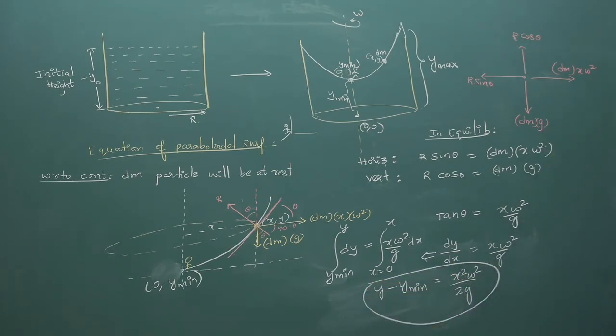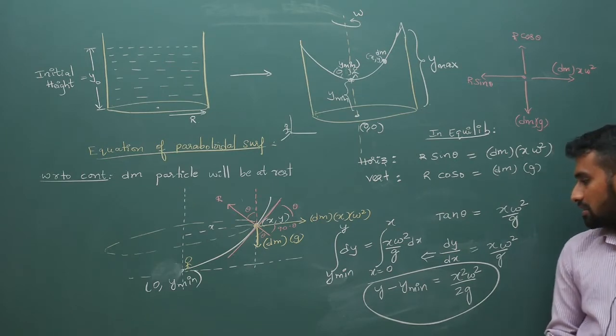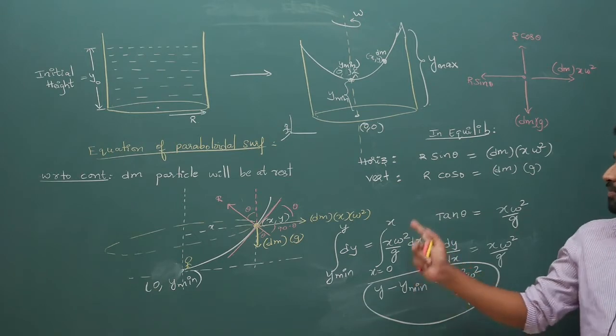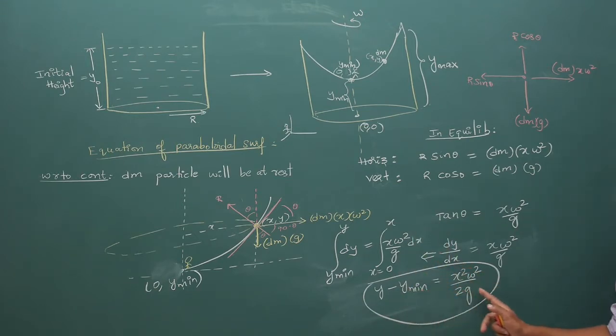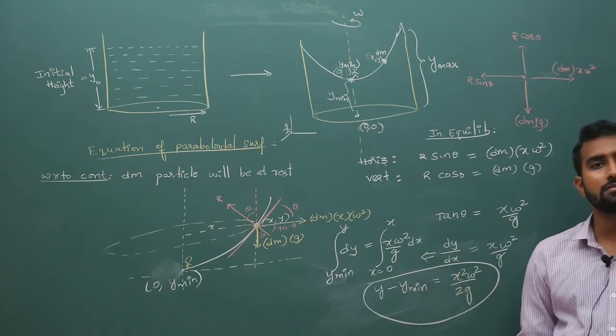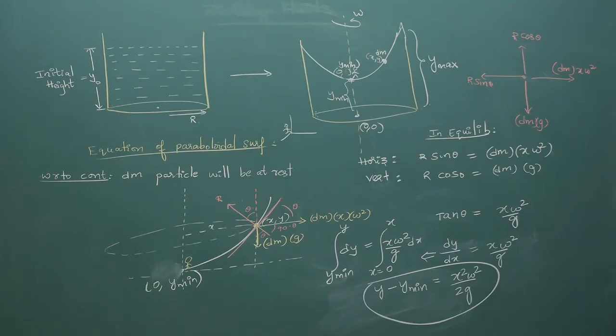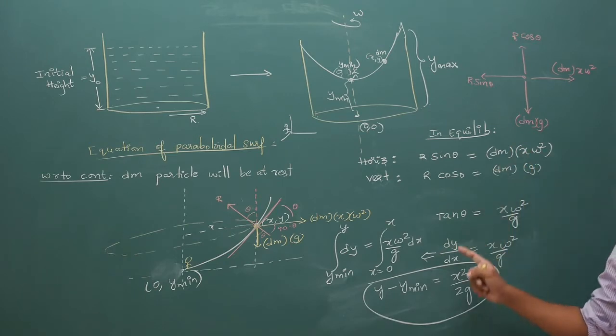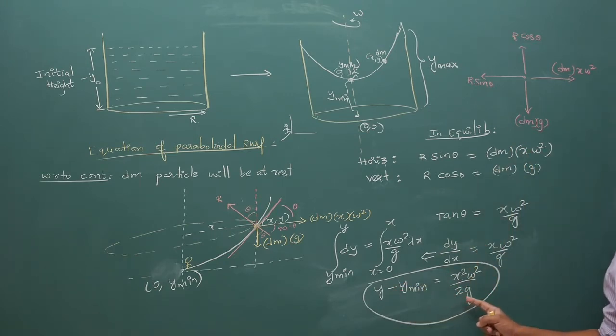If you are taking that point as origin, it is y equal to x square omega square by 2g. If it is some y minimum height, it is y equal to y min plus x square omega square by 2g. Hope you have understood this. No calculation change, nothing else will change. It will become like this.